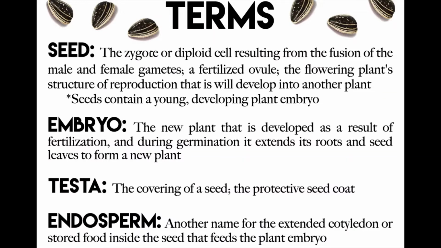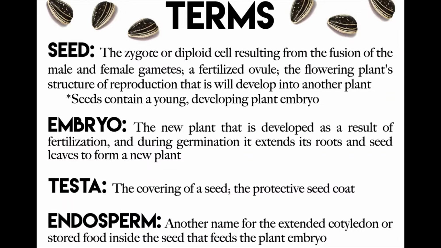So di meaning 2. Now once it develops and grows, that's going to be a term that we're going to talk about in a little bit. That baby plant is called an embryo, and it's going to grow and develop through the process of germination or sprouting. So let's move into the term embryo. An embryo refers to the new baby plant after fertilization.